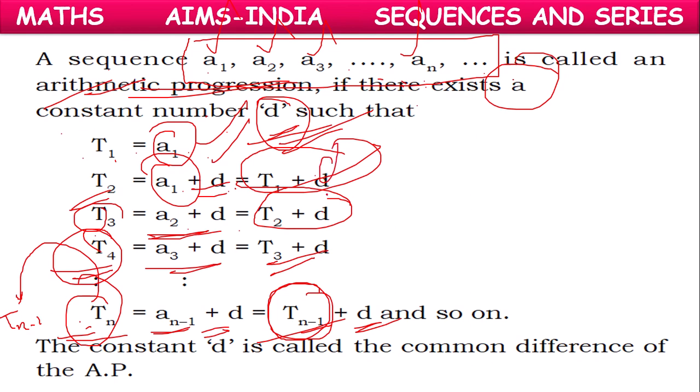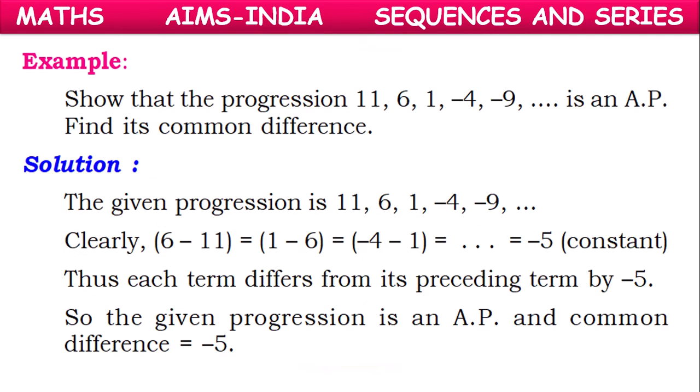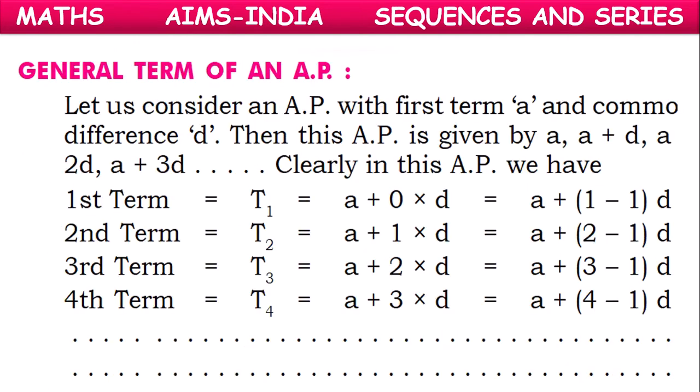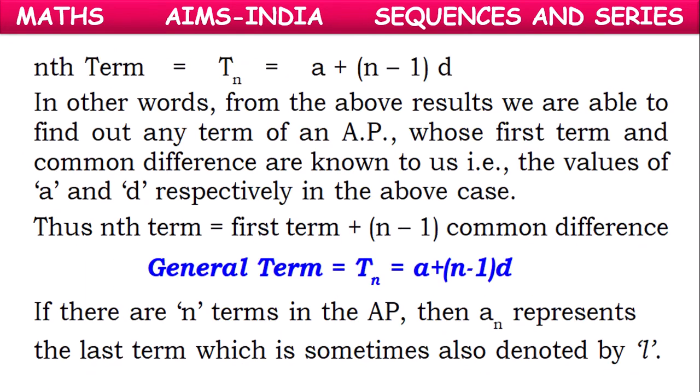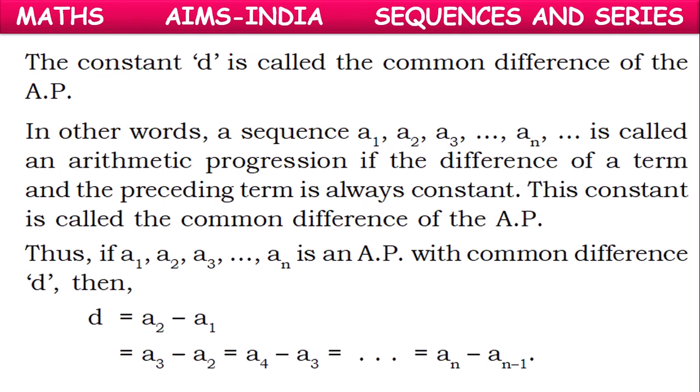So here this d is called the constant number, and it is called the common difference in the AP. The constant d is called the common difference of the AP.